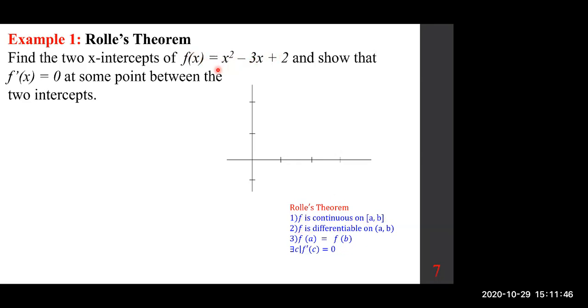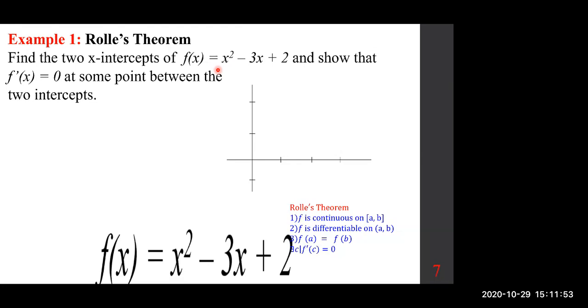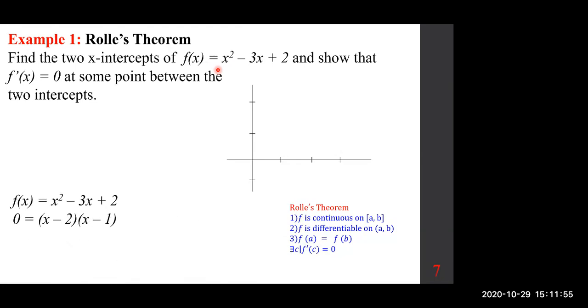So, f of x is x squared minus 3x plus 2. Factor it and you get x minus 2 and x minus 1, right? So x-intercepts at (1, 0) and (2, 0). This is basic elementary algebra.